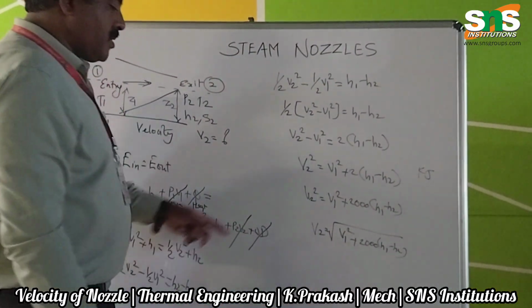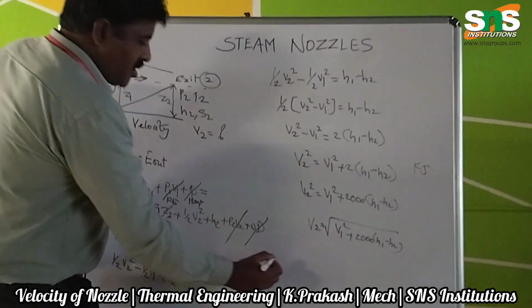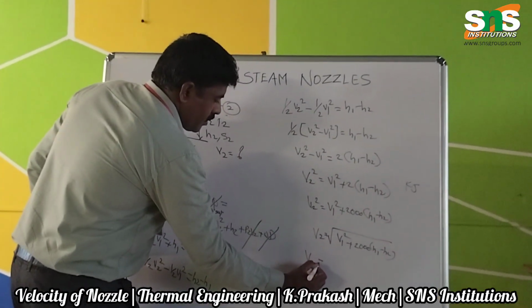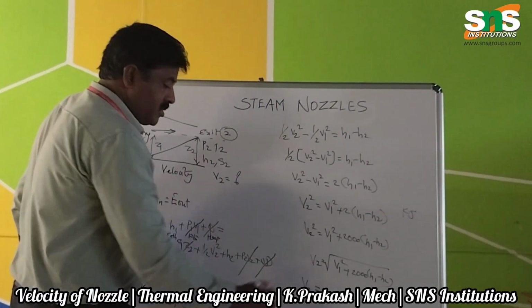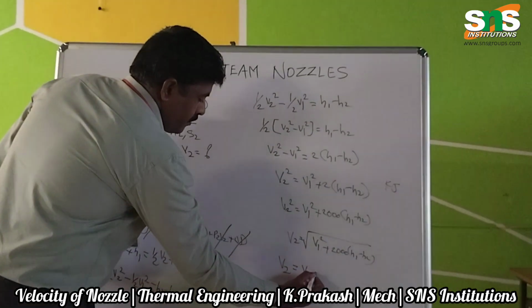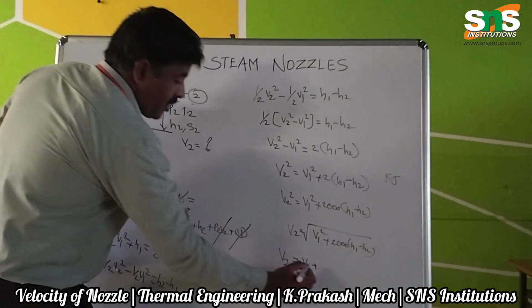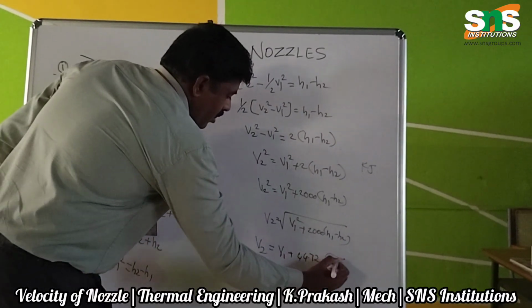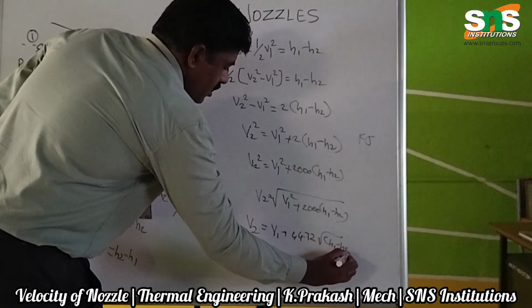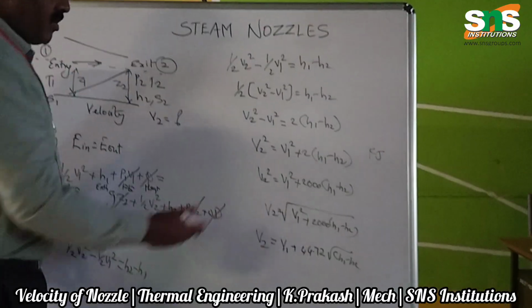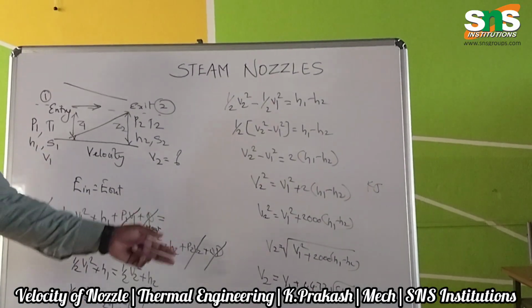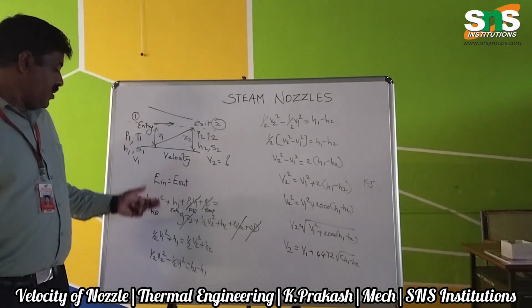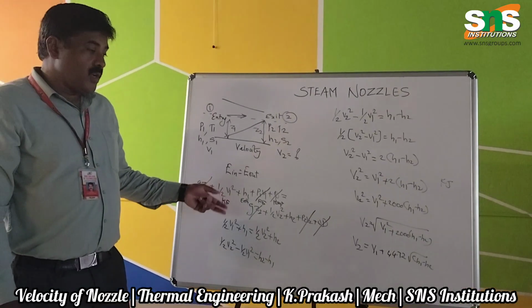So the exit velocity V2 becomes V1 plus root of 2000, which becomes 44.72, into root of H1 minus H2. This is our equation for the exit velocity, which is derived from the steady flow energy equation.